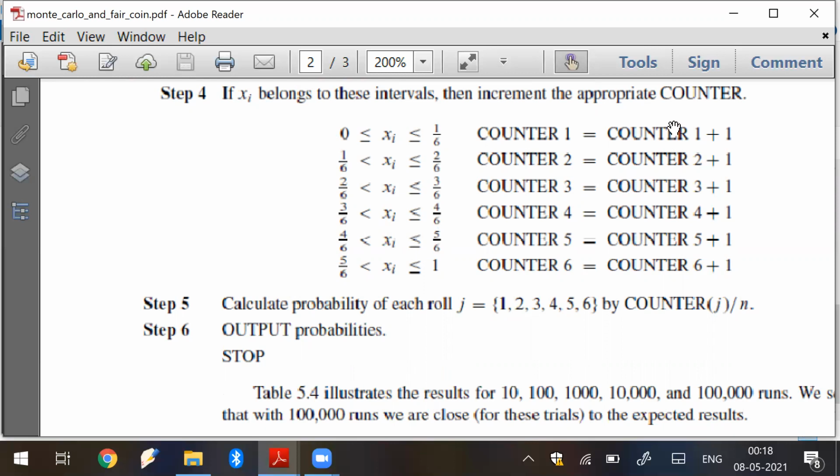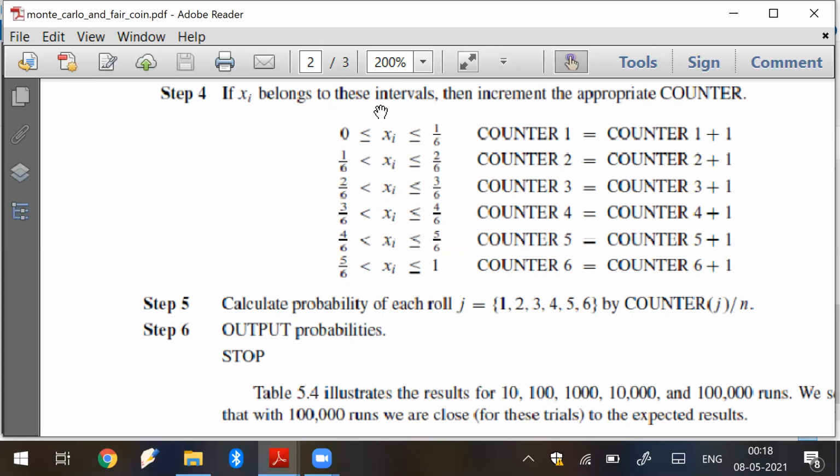What about the remaining counters in that step? Suppose for i equal to 5, x5 is lying within this range. That means the fifth random number is falling within this interval, so face 2 is occurring and the remaining faces are not occurring. So all the remaining counters will remain as they are.